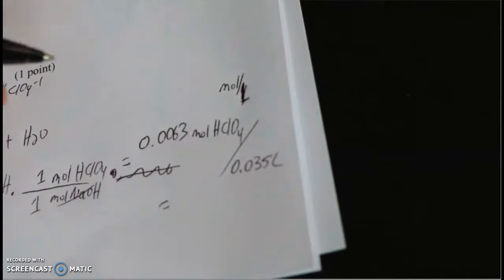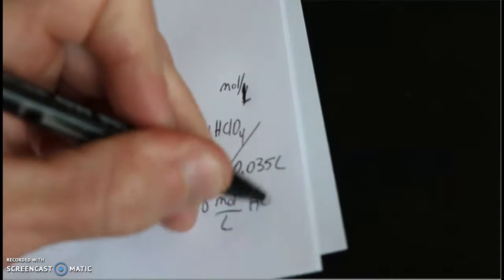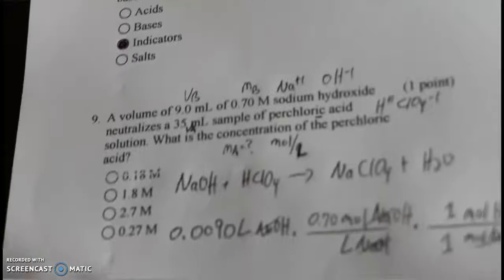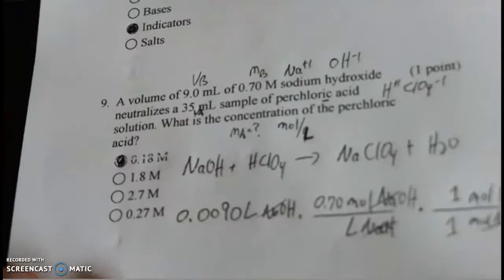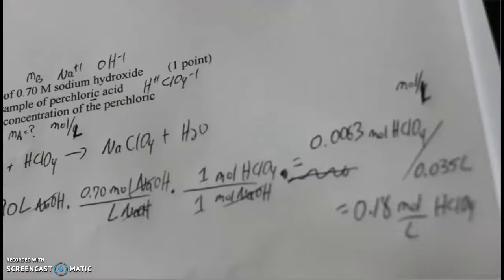And now when I do that math, I end up getting 0.18 moles per liter of HClO4, which in the multiple choice is just listed as 0.18 molar. All right, so you're doing a stoichiometry problem to figure out this titration.